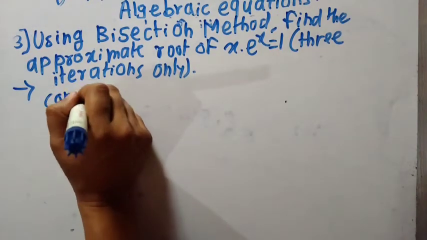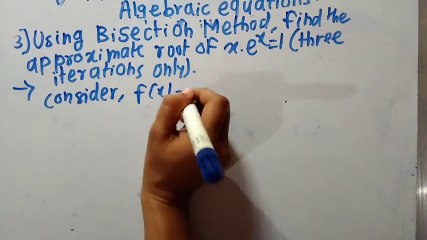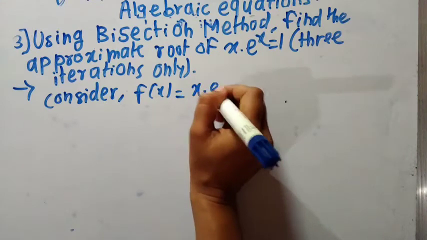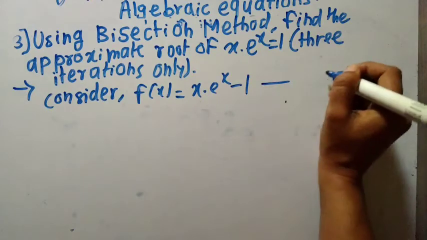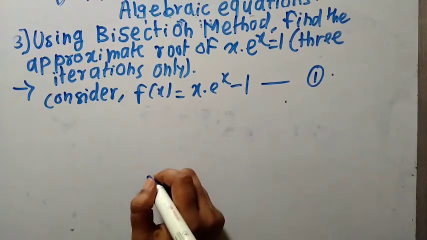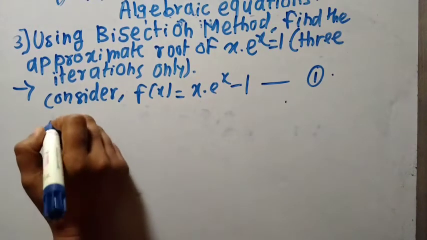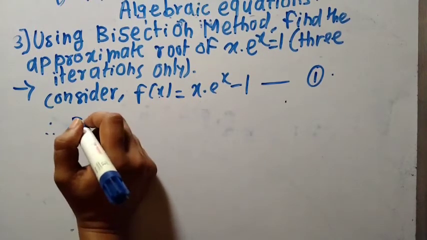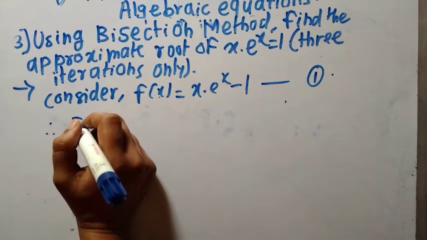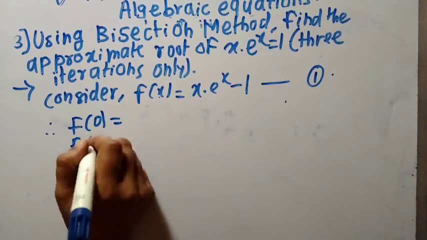So first upon, consider f of x is equal to x into e raised to x, minus 1. It is the first equation. Here first we take 0 and then 1.